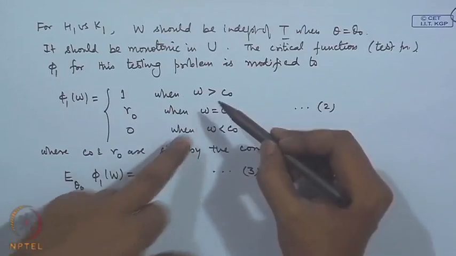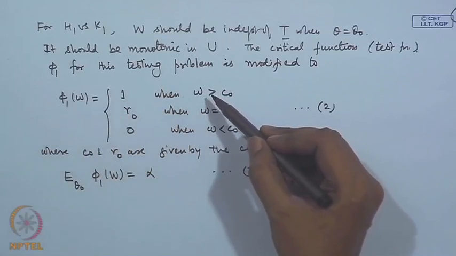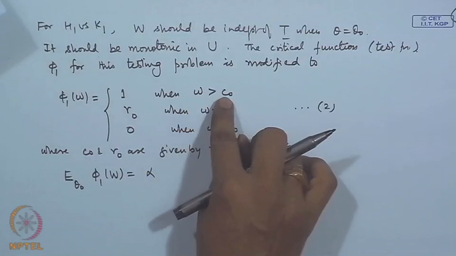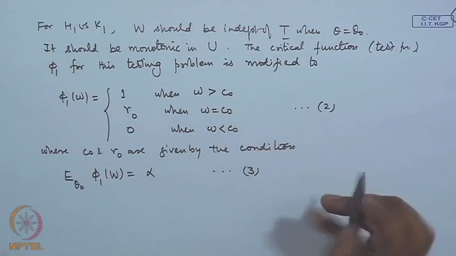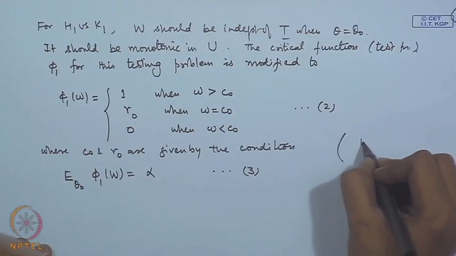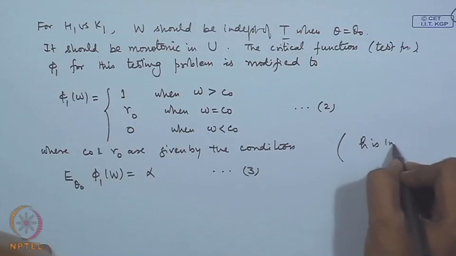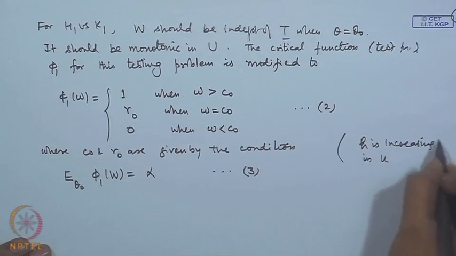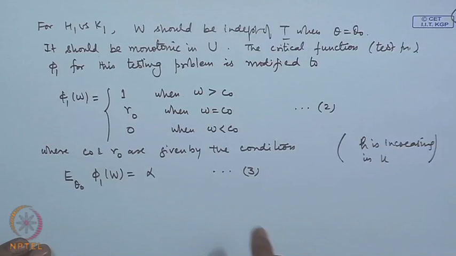One thing we should notice here, I have maintained the same sign, like here u was greater than c naught and here it is w is greater than c naught. If we do that, then we have assumed that h is increasing in u. If h is decreasing in u, then this will get reversed here.